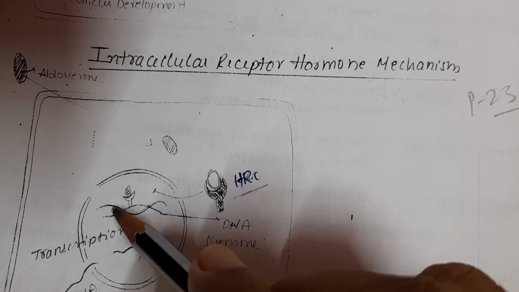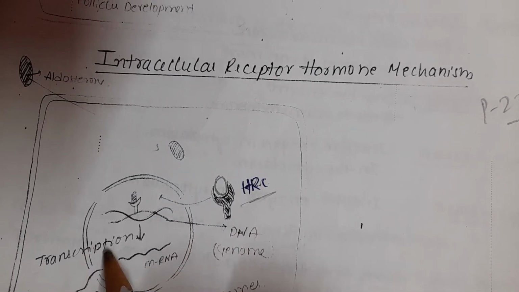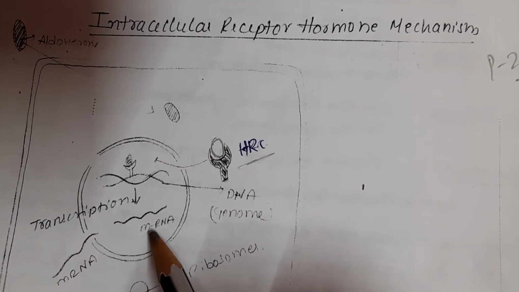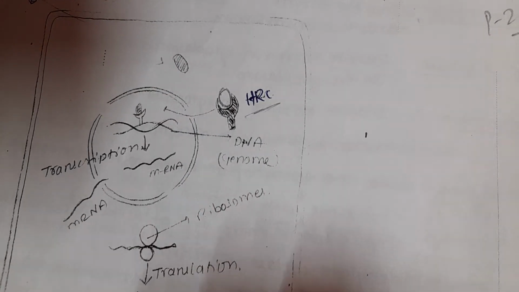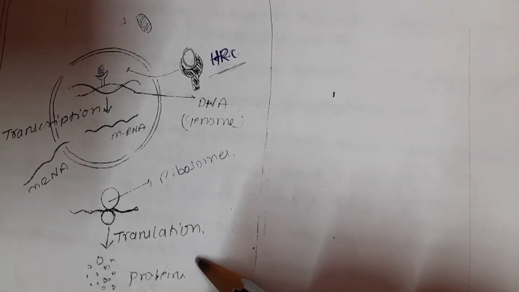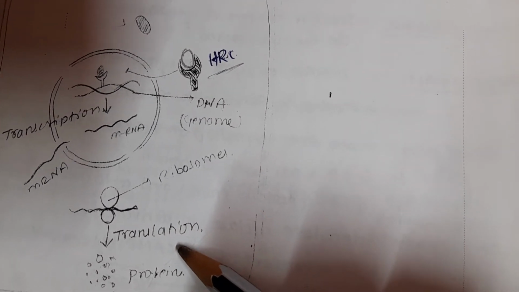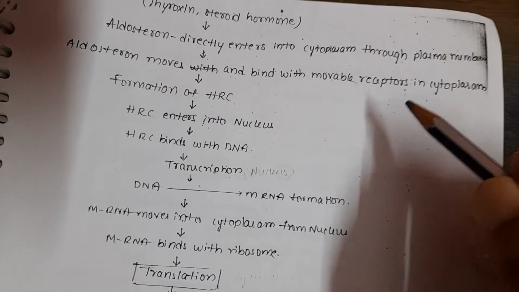It binds with the genetic material DNA, and transcription occurs, forming mRNA. That mRNA comes outside and interacts with the ribosomes, and translation occurs. Finally, proteins are synthesized. Let us see that mechanism here.